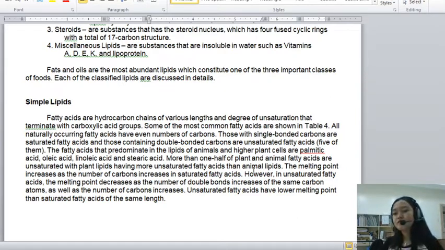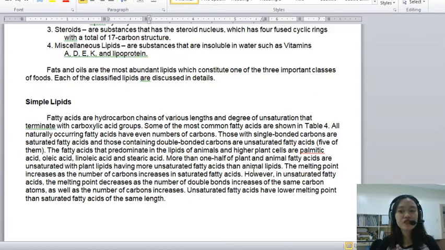So meaning parallel no yung relationship with the number of carbon atoms and the melting point of your saturated fatty acid. Kapag mas maraming number ng carbon atom chain sa saturated fatty acids, mas tumataas din yung melting point niya.